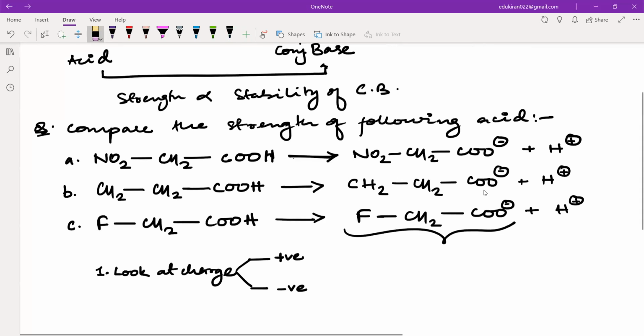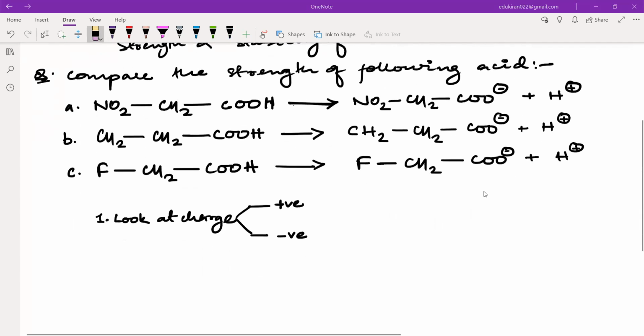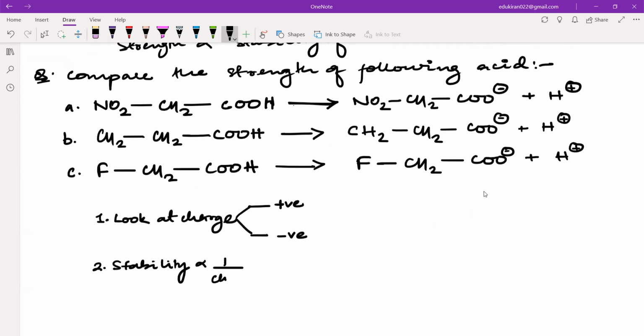In the conjugate base, this is the conjugate base now. No one is saying negative charges, right? Okay, fine, negative charges. So we want to decrease the negative charge. So we have negative charge, and we know that stability is inversely proportional to charge, yes or no?